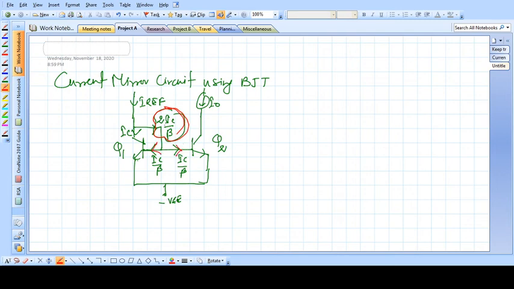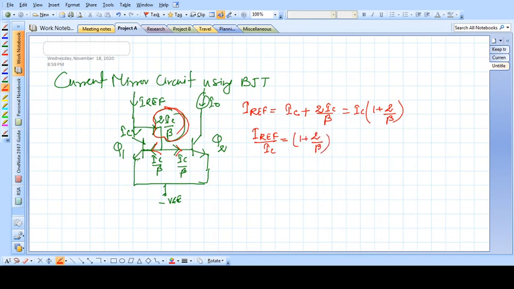Now what I am writing, the I ref current is basically the sum of the main collector current plus twice IC by beta. So this should be IC times (1 plus 2 by beta). We can write I ref by IC is simply 1 plus 2 by beta.